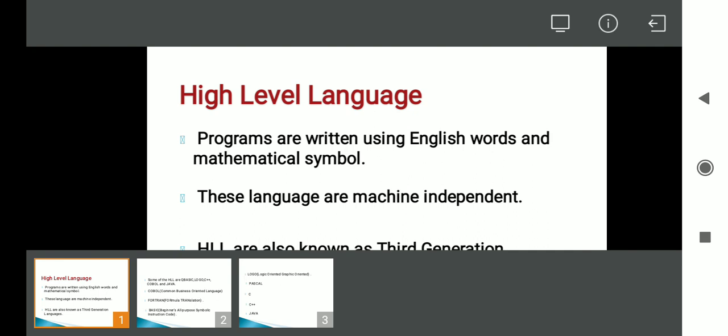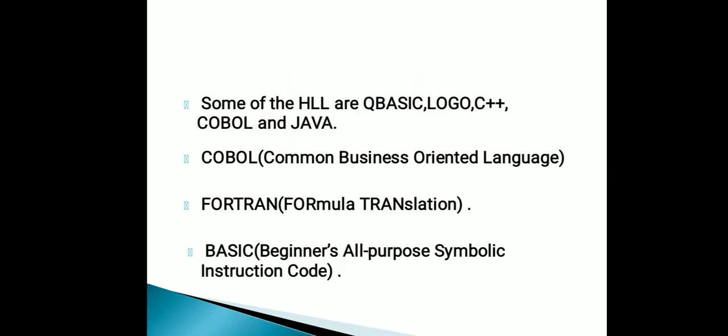I hope you understood the uses of high level language. Some of the high level languages are QBasic, Logo, C++, COBOL, and Java. Now let us discuss one by one.